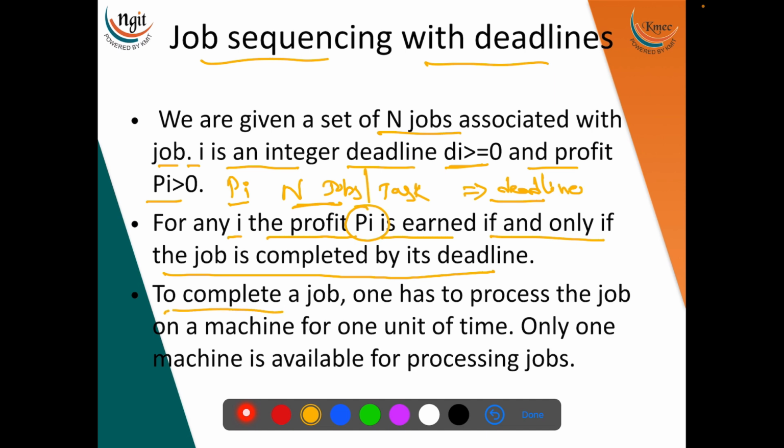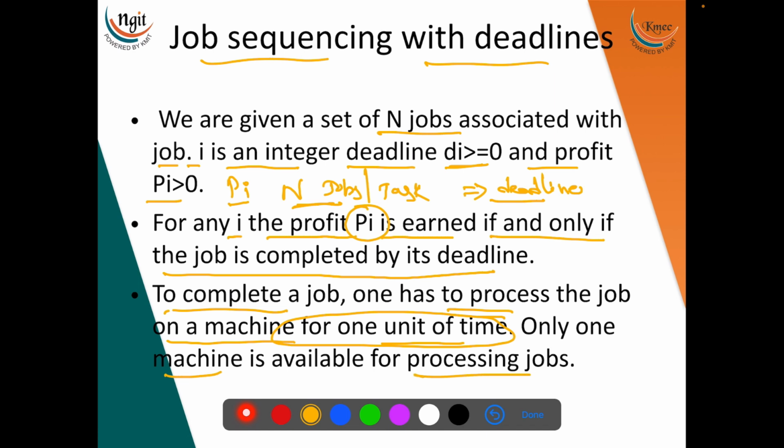Now to complete a job, one has to process the job on a machine for 1 unit of time. So this thing we have to keep in mind before we process a job on the machine.